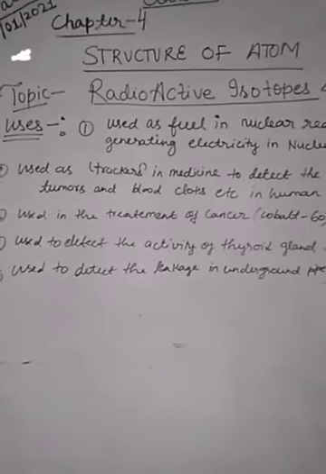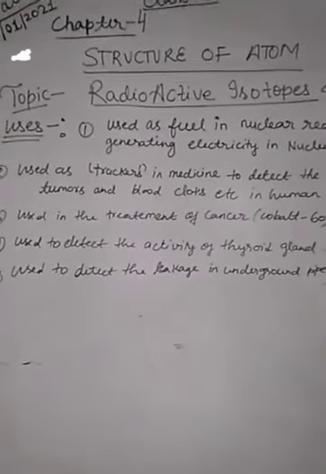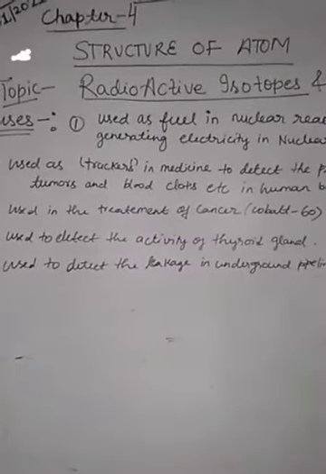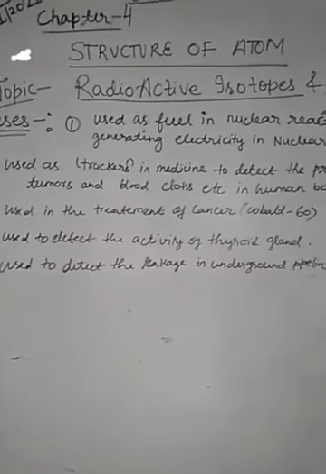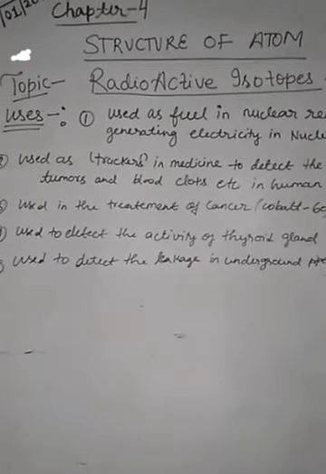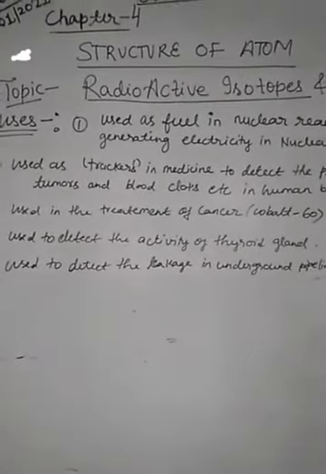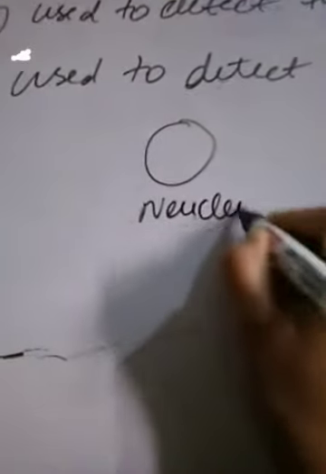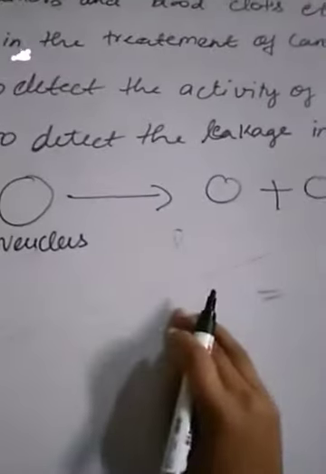Fission means the splitting of a large nucleus into simpler forms, and fusion means the combining of two smaller nuclei into a big nucleus. That is, when a large nucleus splits into two smaller ones, that is called fission.